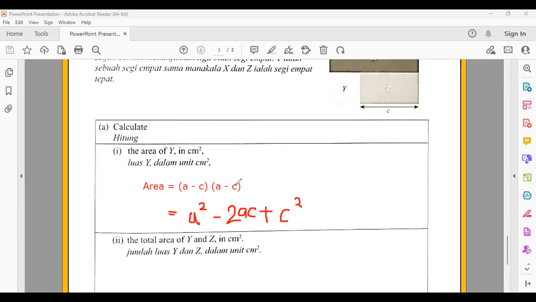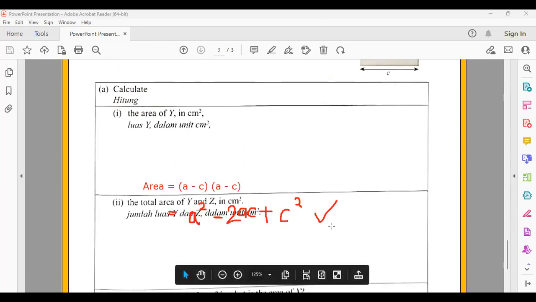You see, A minus C, the inside is a negative, so your formula will also follow negative. First term squared, minus 2 times the first term and the second term, and then plus C squared. You open the bracket up, and this is where your formula comes from. So you see, you found the formula. Got it? Now, next question.